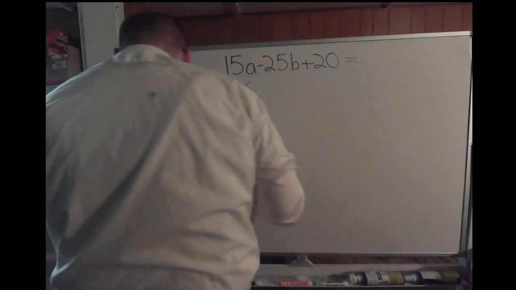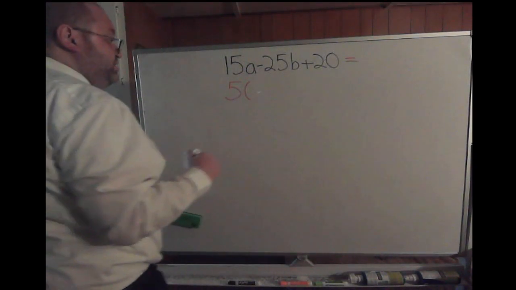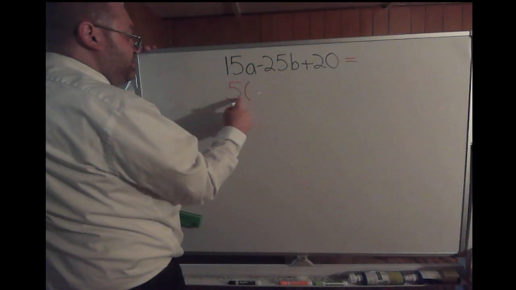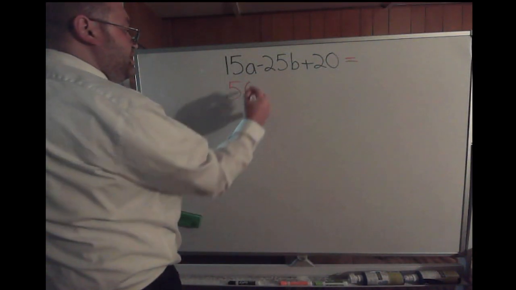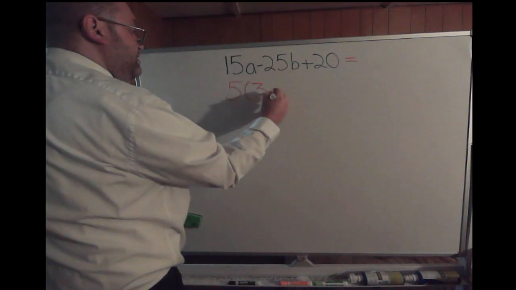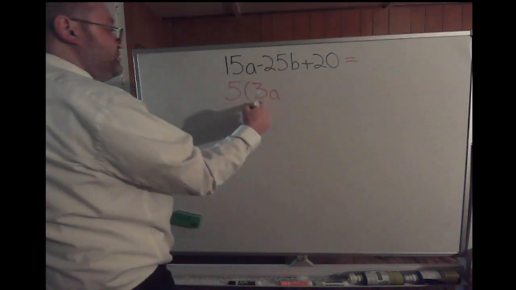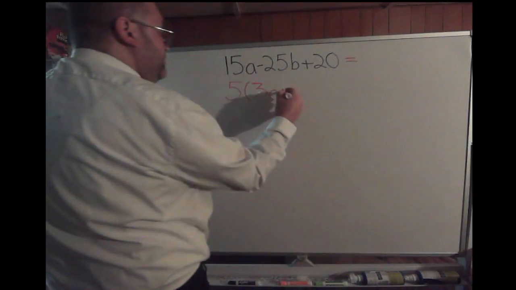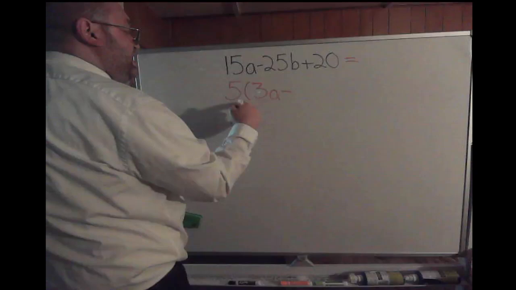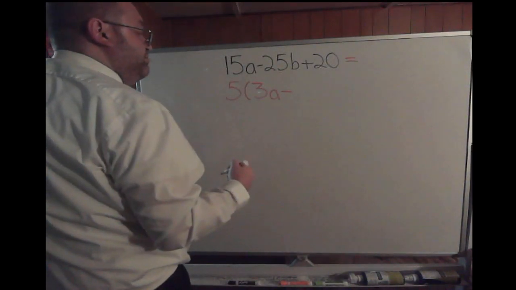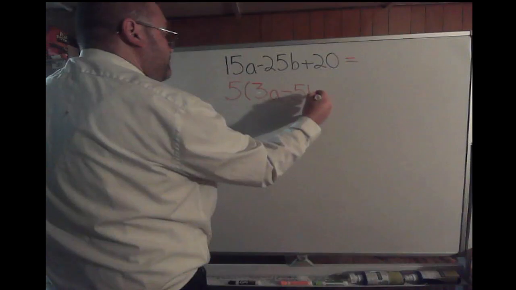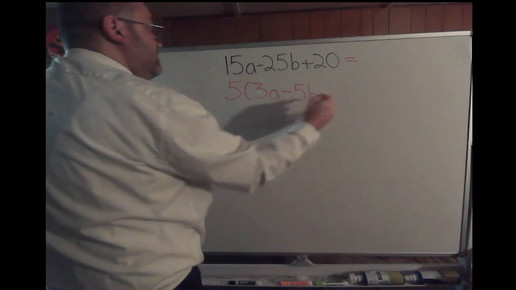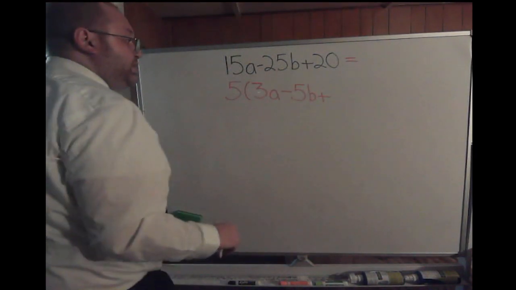Now, you're going to basically do a distributive property through each term. 5 times what equals 15a? 3a. 5 times 3a equals 15a. Minus 5 times what equals 25b? 5b. Plus 5 times what equals 20? 4.